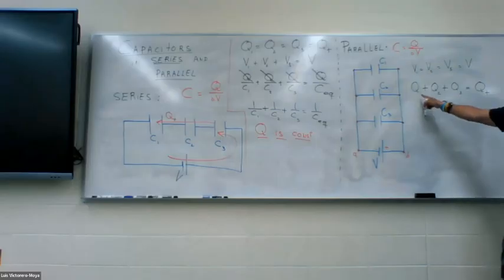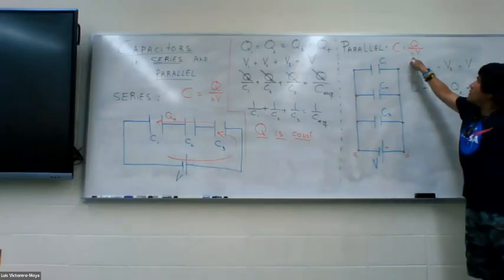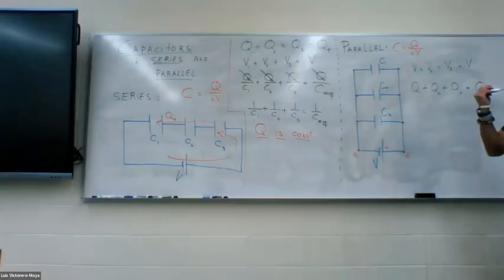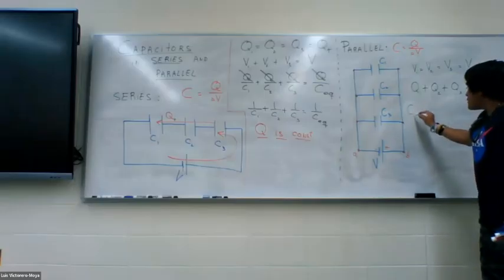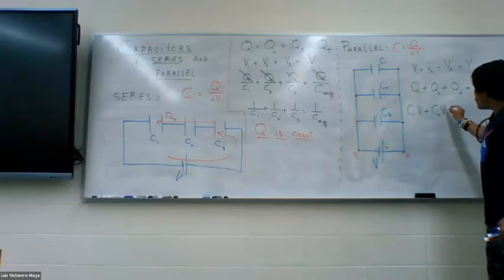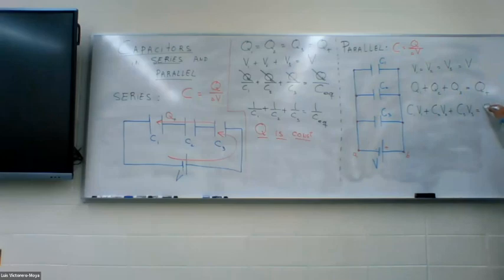But what's Q1 though? Q is C times V. Now, C is different, but V is the same. So we can write C1 V1, C2 V2, C3 V3. That's your C equivalent times V.